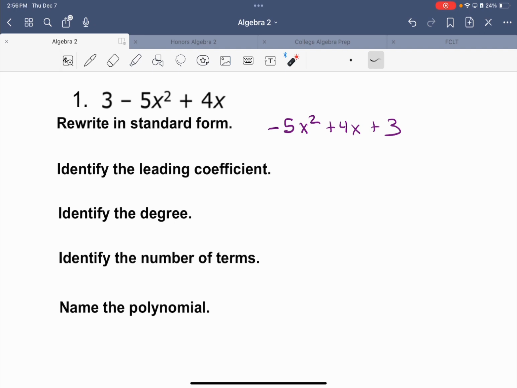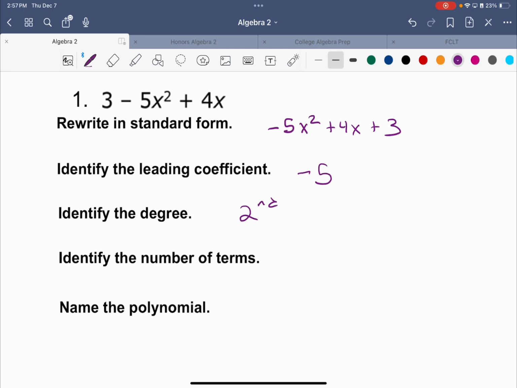We identify the leading coefficient. The leading coefficient is the number out in front of our first variable in standard form. So our leading coefficient here is negative 5. Degree is the degree of your largest exponent, so it's 2, or second degree.